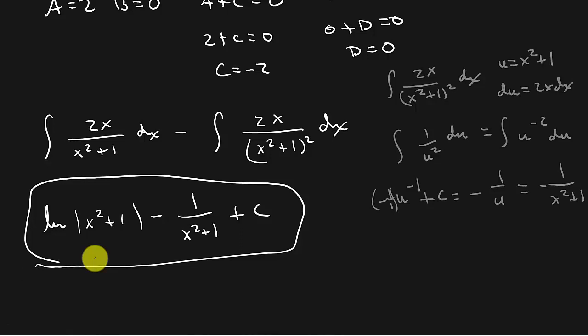The first section is on non-repeating linear factors, and then the next section is where you get into the repeating linear factors, the non-repeating quadratic and the repeating quadratic. So I just combined them into one video because it's the same thing.